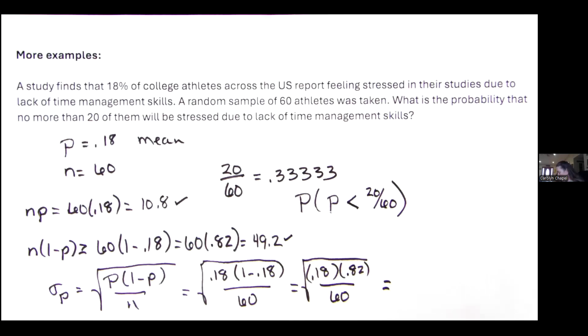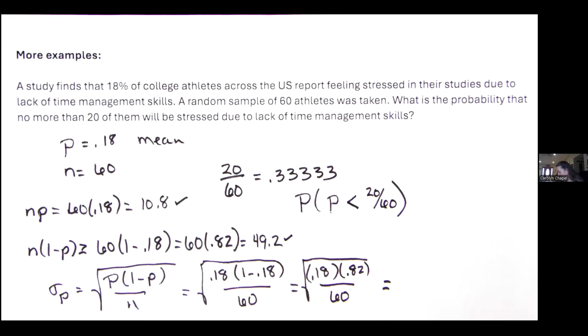That means if you were doing it by hand, you'd be calculating the formula for 0, 1, 2, 3, 4, all the way up to 19, adding those all up. Here, we can use the normal curve and go from this 0.33 down. And so hence the reason we do see this done a lot instead of the binomial.